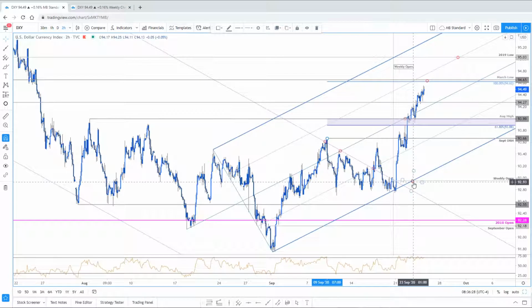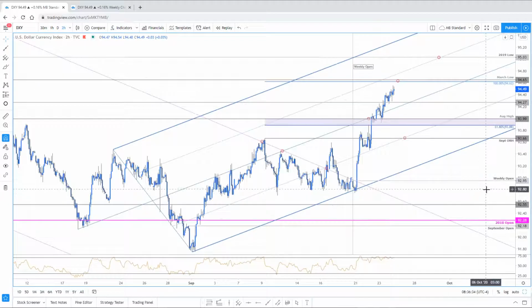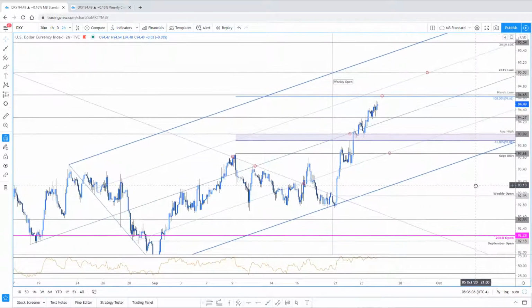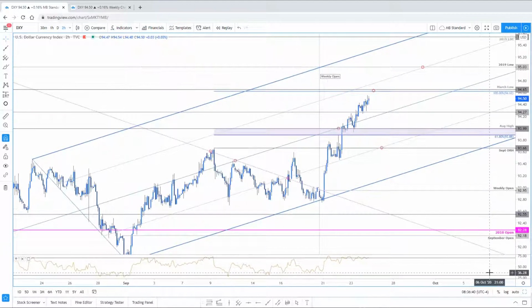Wouldn't really want to see much weakness beyond that 93.60s level, right, if we're going to continue higher in DXY. But that's the outlook right now for the dollar index. Any questions on this?